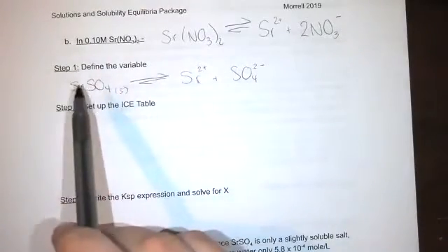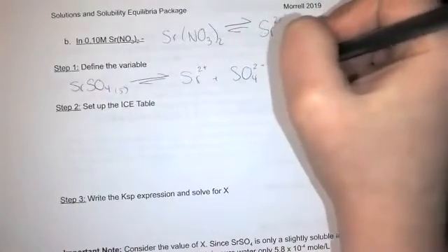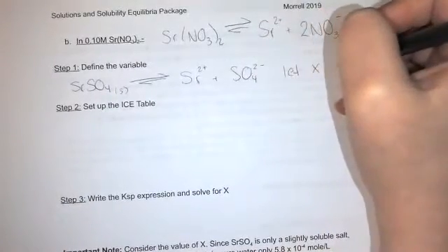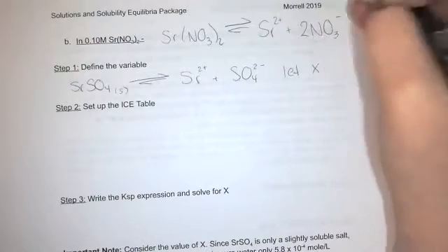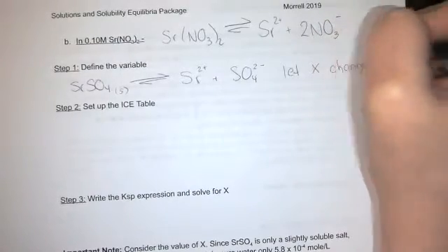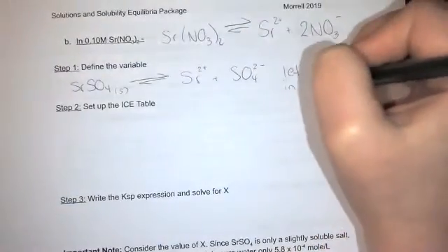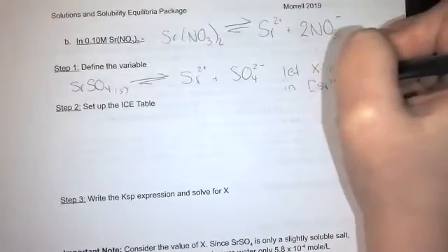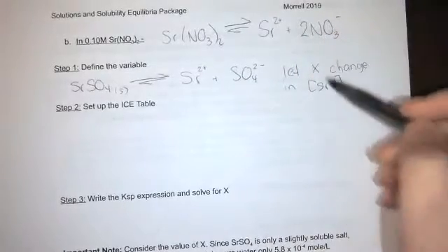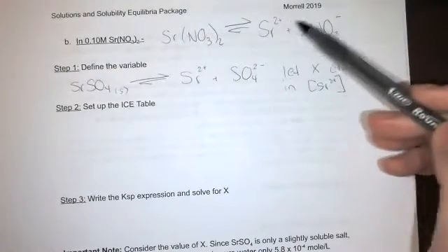Because I'm wanting to find the solubility here, much like before, I need to allow my variable to relate back to that solubility. So I'm going to say let, once again, x be equal to the change in my strontium. The reason I'm going to say it's change is because initially I will have something already there.